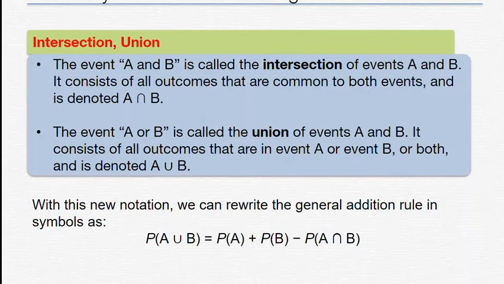So in our pierced ears example, that was anyone who is either male or has pierced ears or both. So we can rewrite our general addition rule using this notation. The probability of A union B is equal to the probability of A plus the probability of B minus the probability of A intersect B.